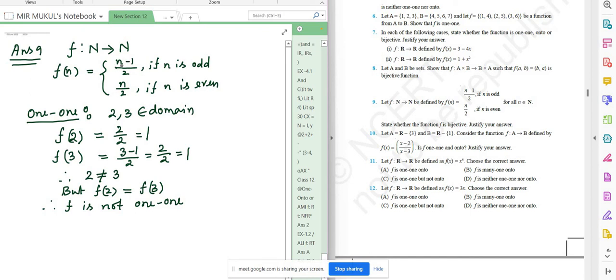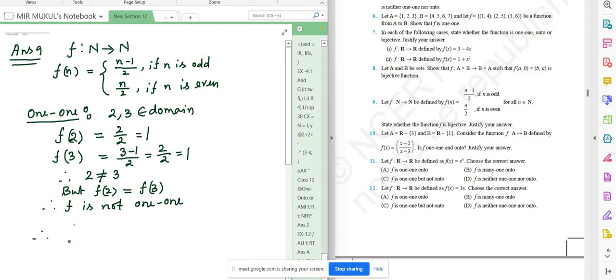If you take 1, you will get 1, and if you put 2, you will get 1. So according to the question, if (n plus 1) by 2 is given here, then in place of 2 and 3 we'll consider 1 and 2. Then we get the same images. If it is not one-one, no need to prove onto.